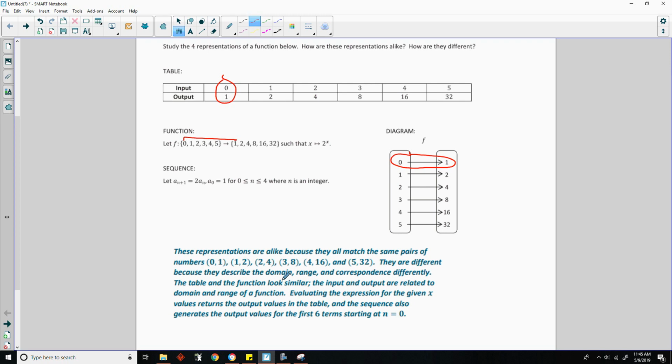The table and the function look similar. The input and output are related to domain and range of a function. Evaluating the expression for the given x values returns the output values in the table. And the sequence also generates the output values for the first 6 terms starting at n equals 0.